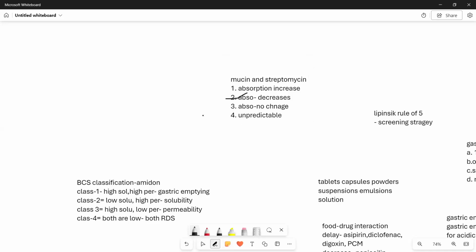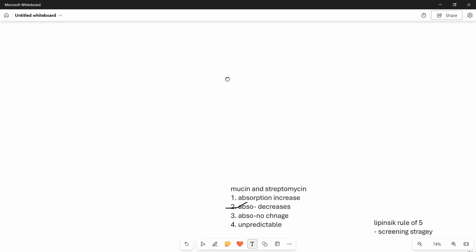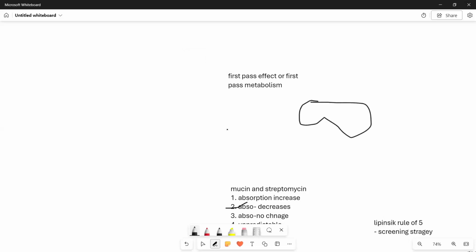Another important concept to remember is the first pass effect. Let us consider this as the liver, this as the GIT, and this as the systemic circulation.